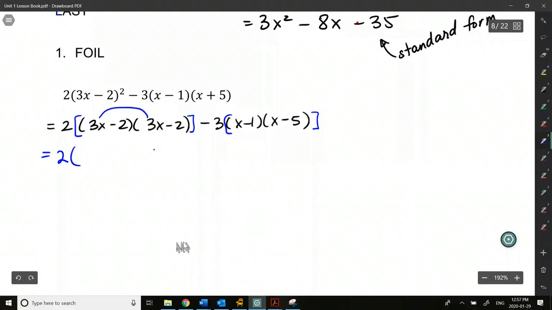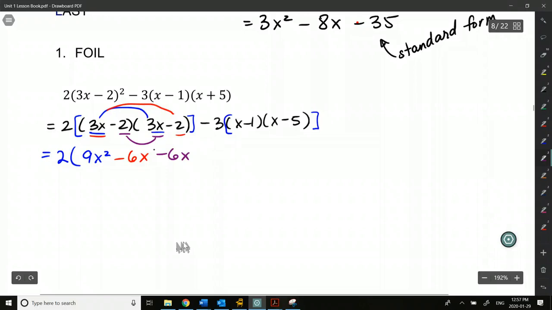So 3x times 3x, I'm doing firsts. That's 9x squared. Outsides, it's negative 6. Insides, another negative 6. And lasts, it's positive 4.